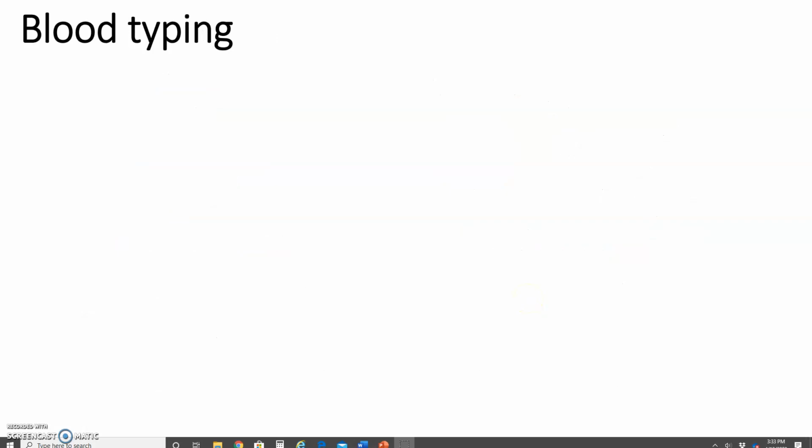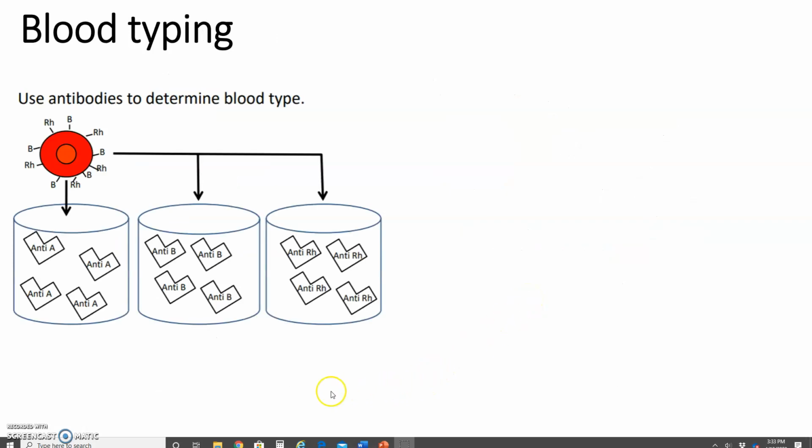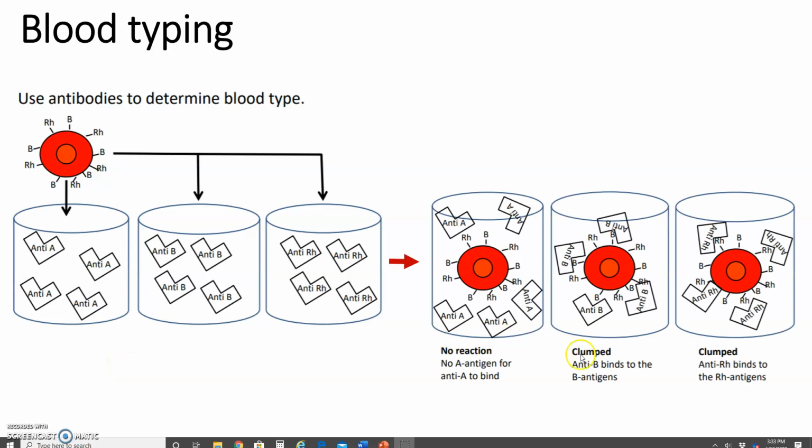So we're going to do a little blood typing in lab, and basically what we're doing is we have a patient's type of blood, and we will put that blood into 3 different types of antibodies. And remember, the blood has the antigens, so the antibodies will either attack or not attack depending on which specific antigens they're targeted for. So we put those in, and then we see what happens.